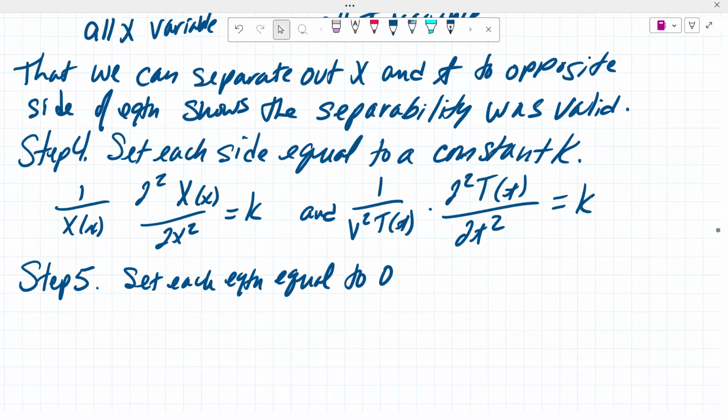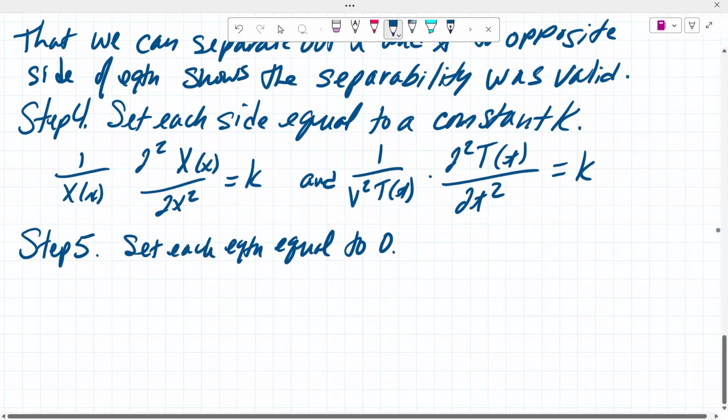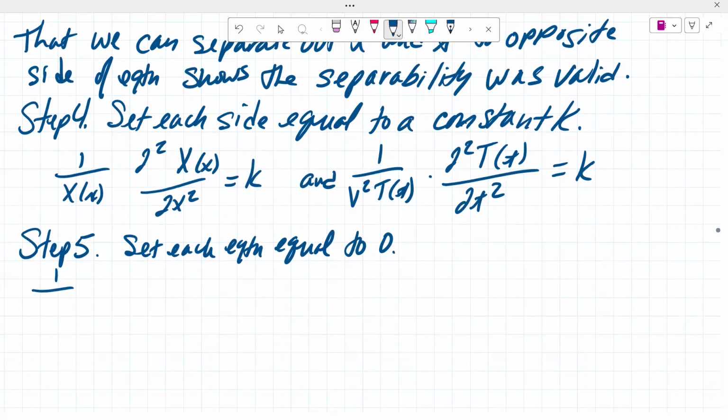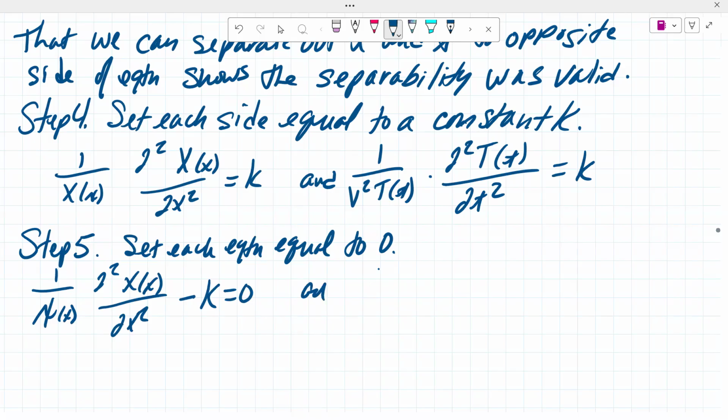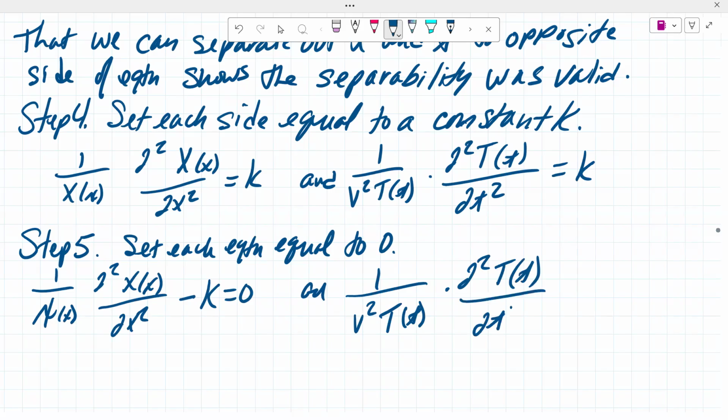So 1 over X(x) times d squared X(x) over dx squared minus k equals 0, and 1 over v squared T(t) times d squared T(t) over dt squared minus k equals 0.